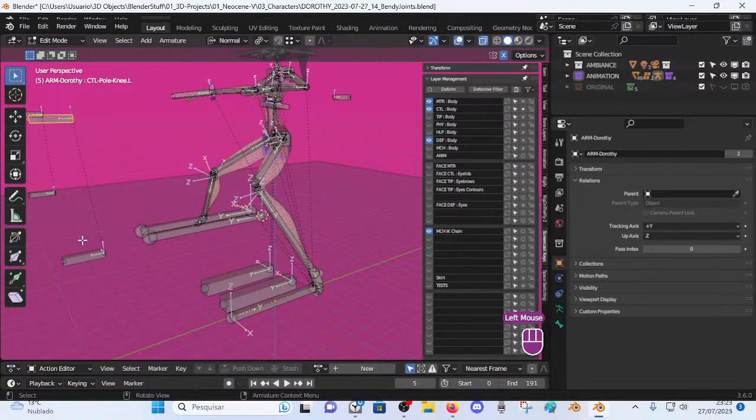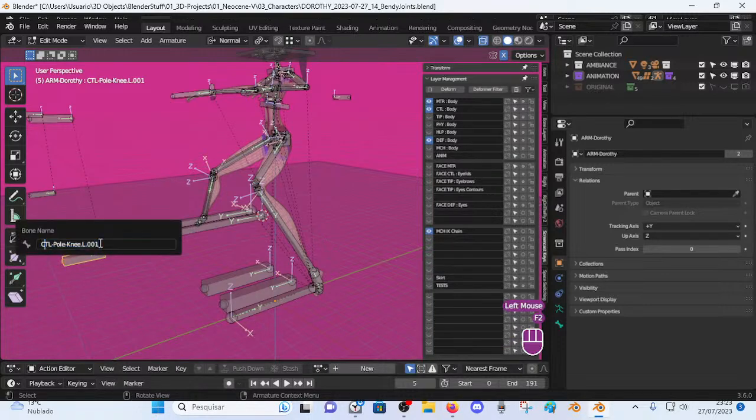So this is for the knee pole targets, I'll have to give them different names. So this will be the pole target, type pole, the original one, and this will be the shin pole.